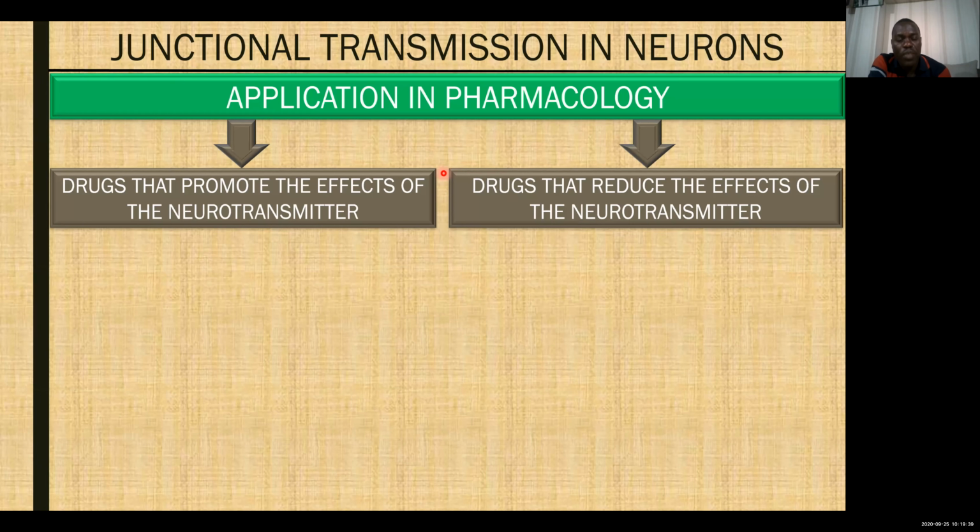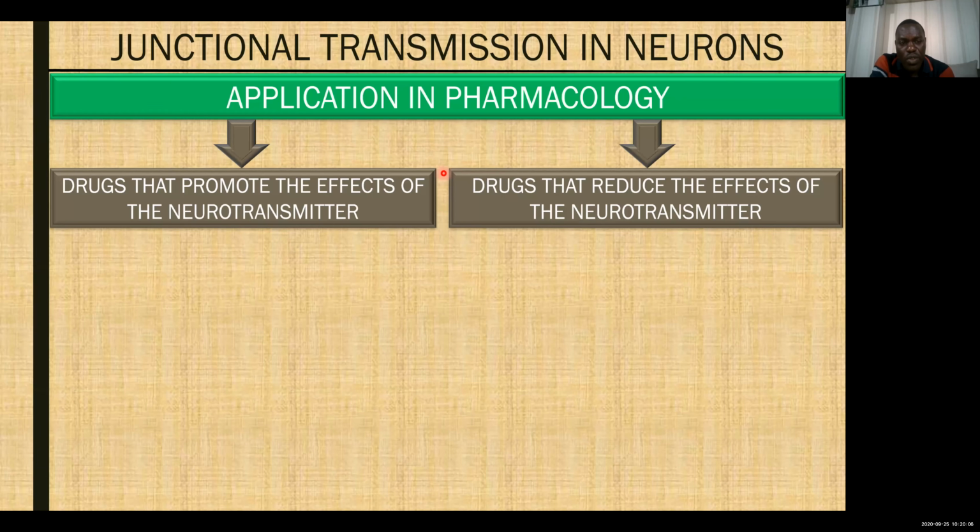So in that previous chemical synapse we've described, suppose the neurotransmitter there is adrenaline, and that is part of the normal physiology of that particular region. We can manufacture drugs that influence that transmission.